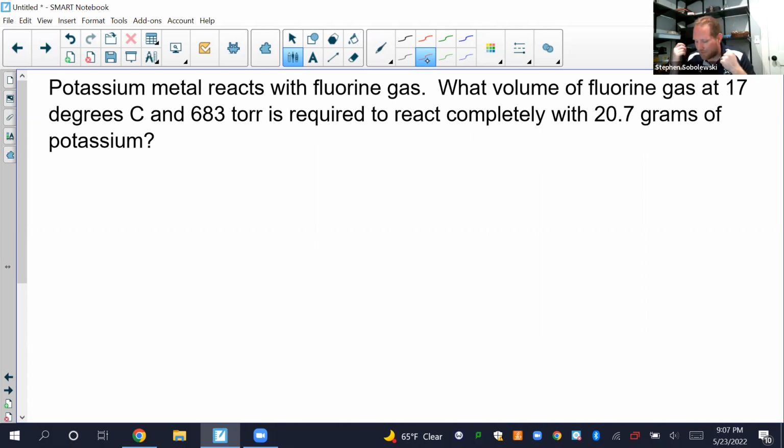Let's look at what's really happening here. We're solving for volume of this gas when it gives us this temperature and this pressure. It gives us the mass, not of the gas, but of potassium.